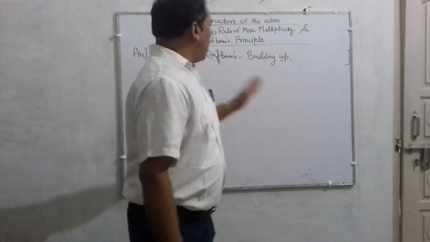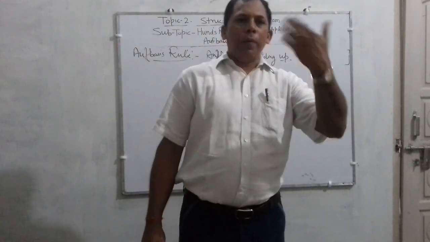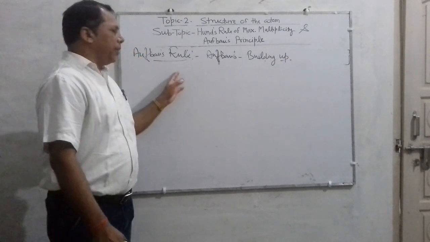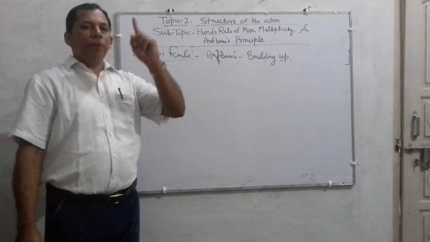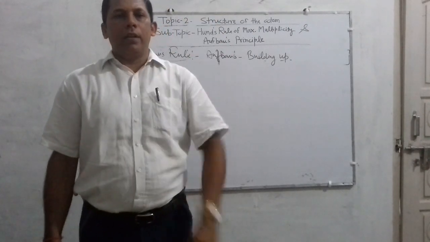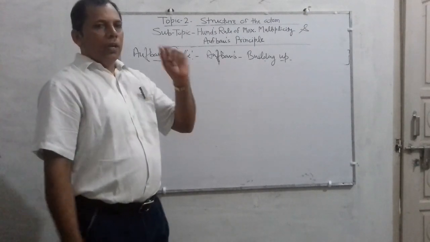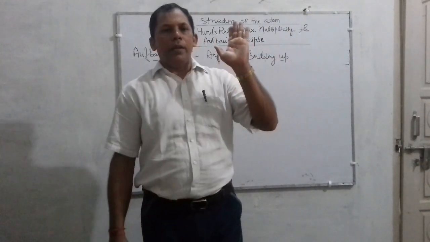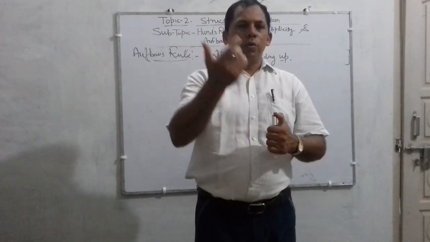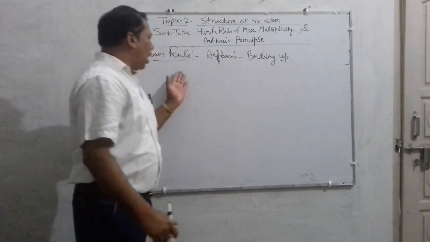Increasing order of orbital energy level means that electrons occupy first the orbital which has the lowest energy level, and then occupy the higher energy levels.